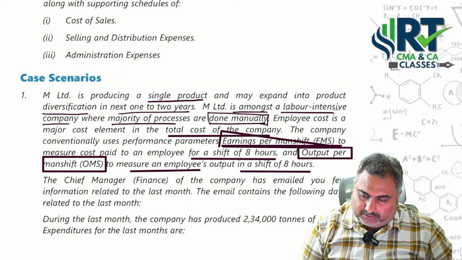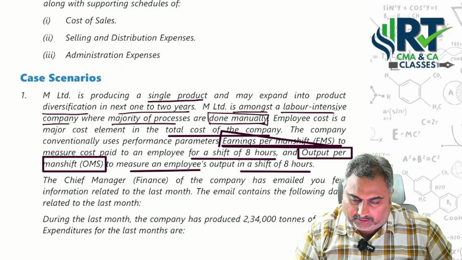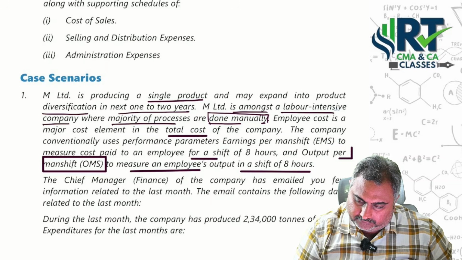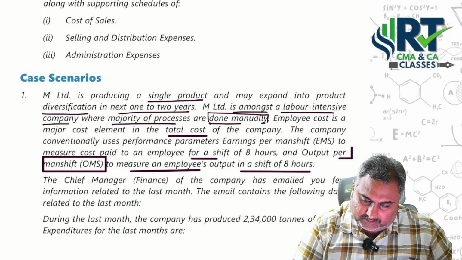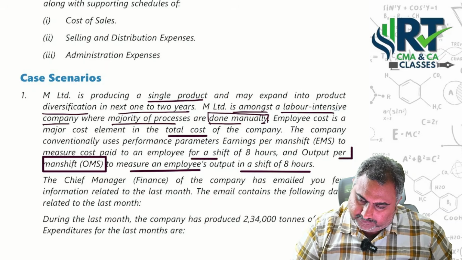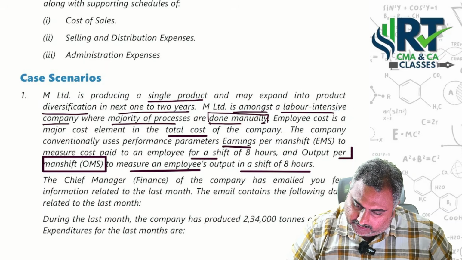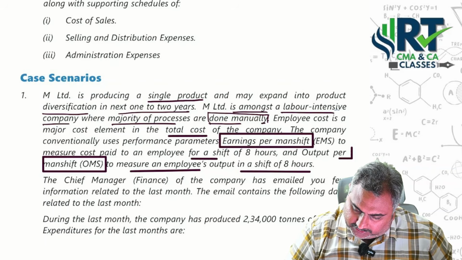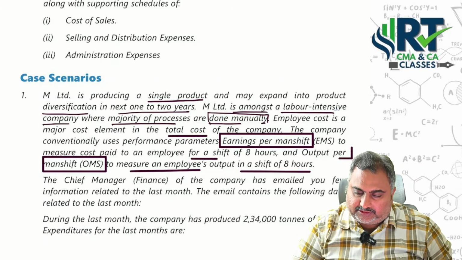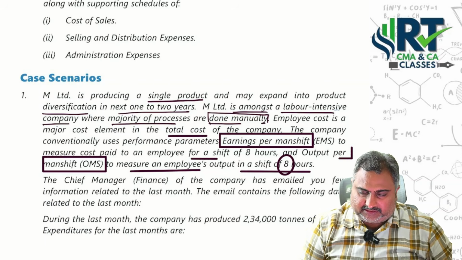These are the two we are talking about. Earnings per man shift, second one is output per man shift. In both situations 8 hours is the basis.